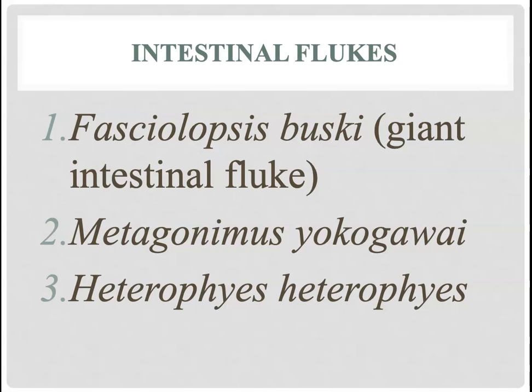So there's Fasciolopsis buski, also known as the giant or large intestinal fluke, Metagonimus yokogawai, and Heterophyes heterophyes. Metagonimus yokogawai and Heterophyes heterophyes do not have common names, but you do need to know the common name for Fasciolopsis buski, which is the giant or large intestinal fluke.